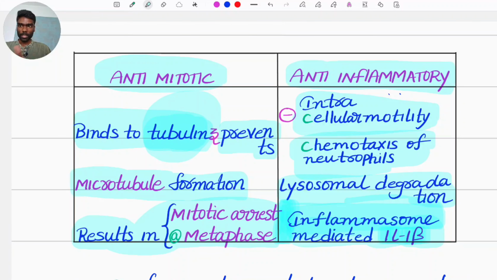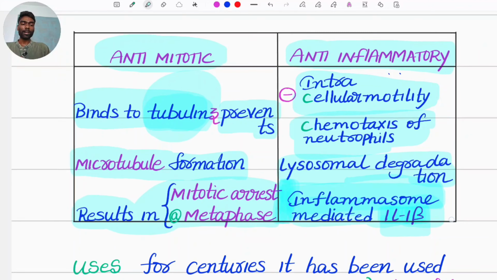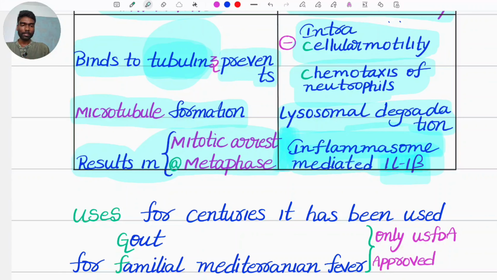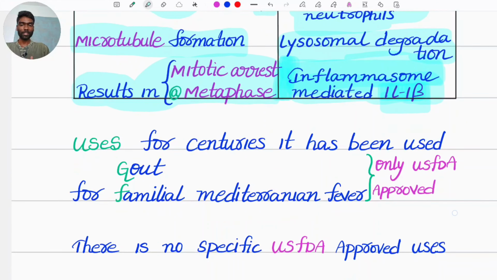The other biologic which is anti this interleukin 1 beta is canakinumab. Here we produce monoclonal antibodies selectively against this interleukin. But this plant already has this product called colchicine, which inhibits this interleukin.